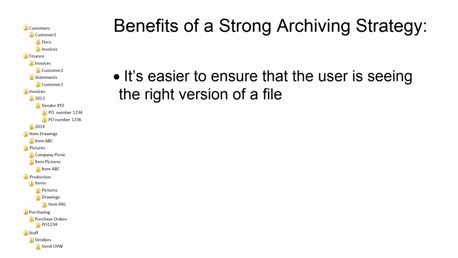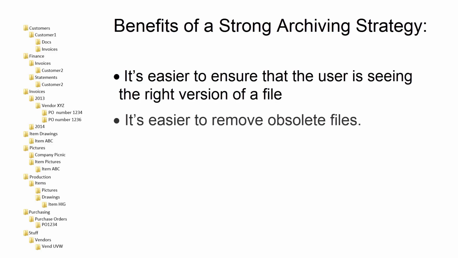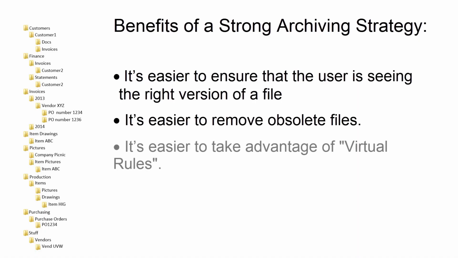It's easy to ensure that the user is seeing the most current and appropriate version of a file. It helps you periodically remove older files that you no longer need to make available. It becomes easier to take advantage of a special DocTrack tool called Virtual Rules, which we'll cover in the next learning section.